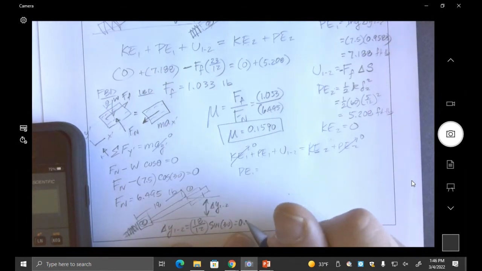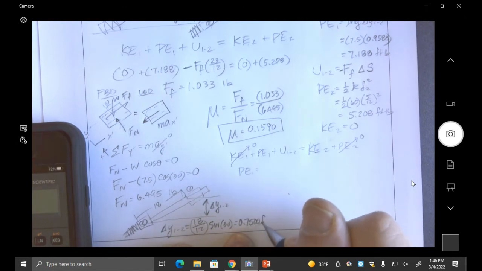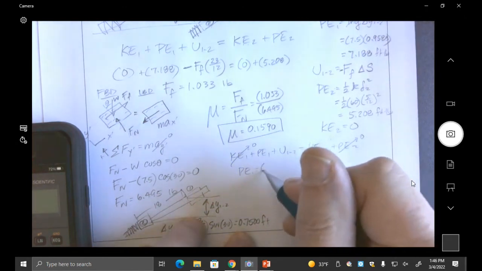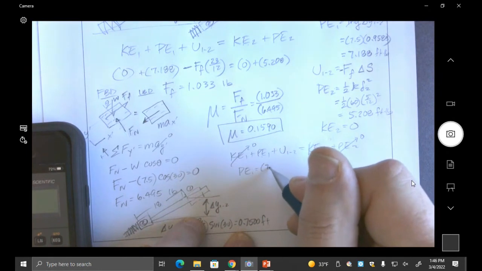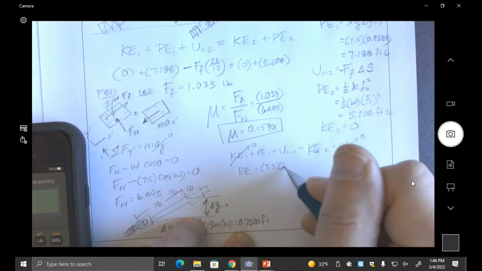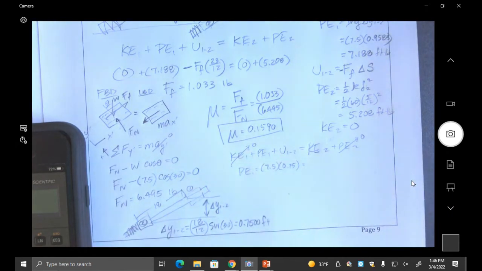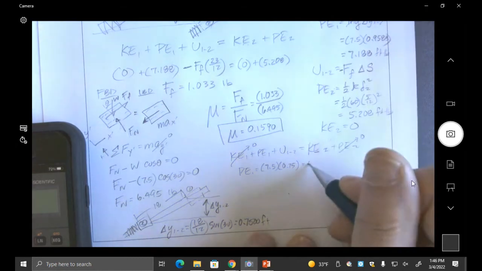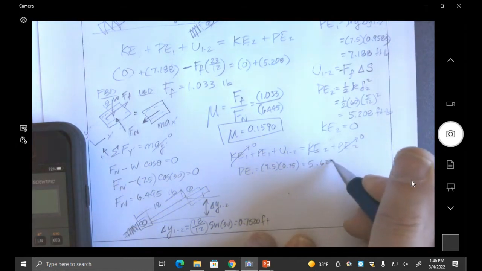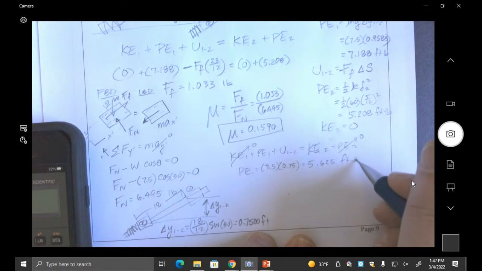All right, duh, could have done that in my head. So weight is 7.5 times 0.75, 5.625 foot-pounds.